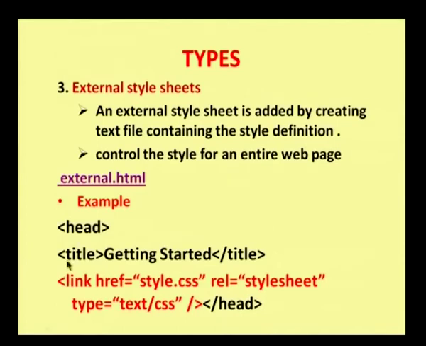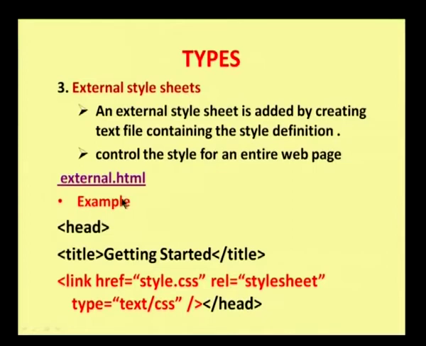The syntax here is the link tag with href, which refers to the style sheet file from the current web page, and the relation we give is stylesheet, and the type is text/css. CSS indicates we are going to apply the style sheet concept to the web page which we are creating.